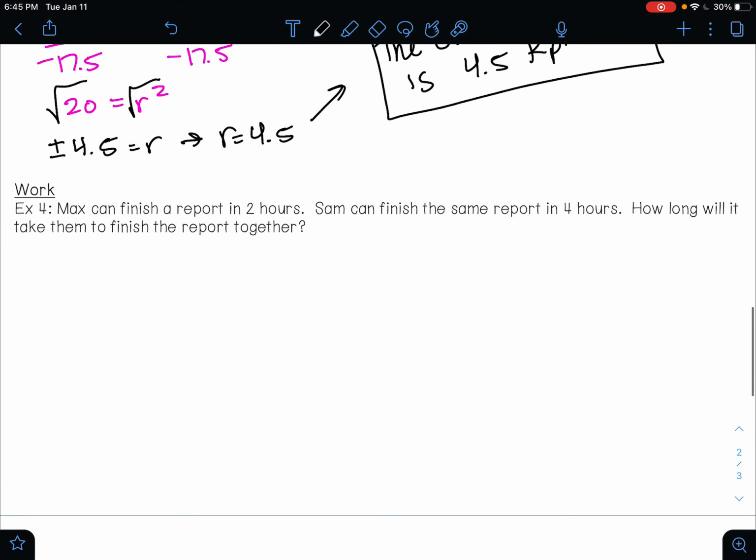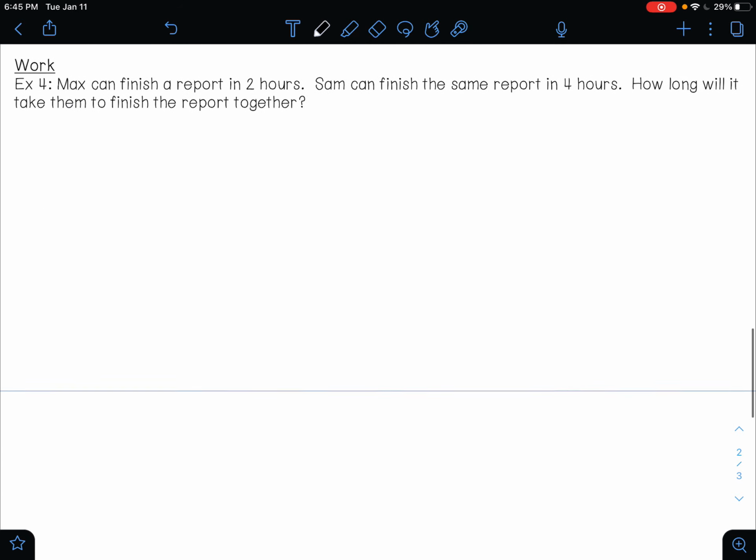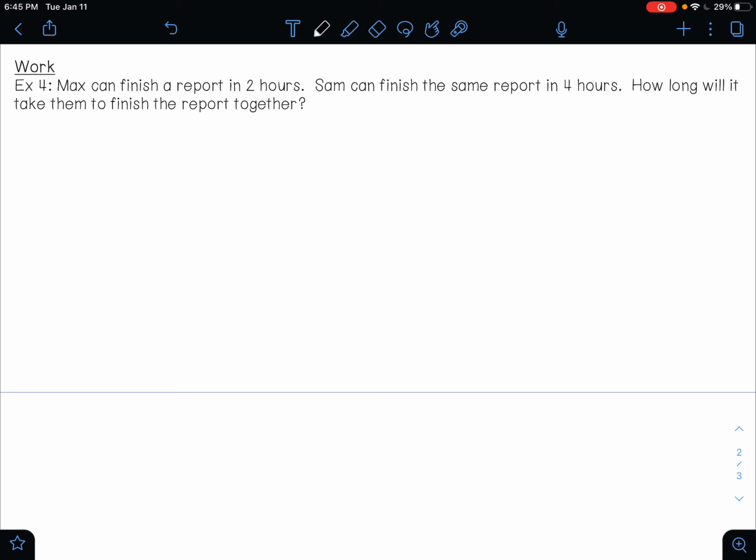And then let's go ahead and look at our last example. It says Max can finish a report in 2 hours. Sam can finish the same report in 4 hours. How long will it take them to finish the report together? So Max plus Sam will equal their time together.